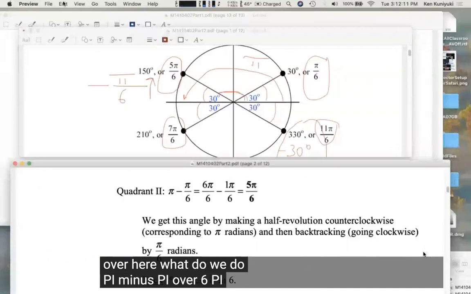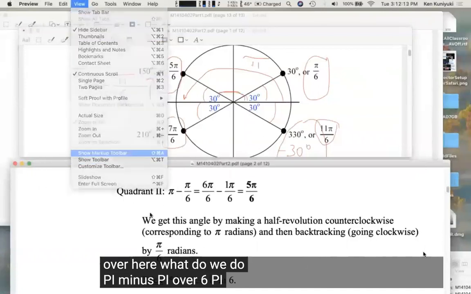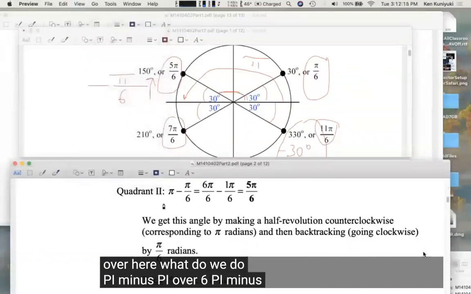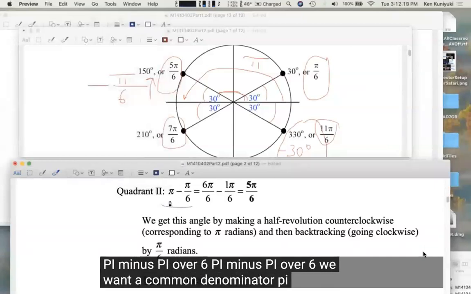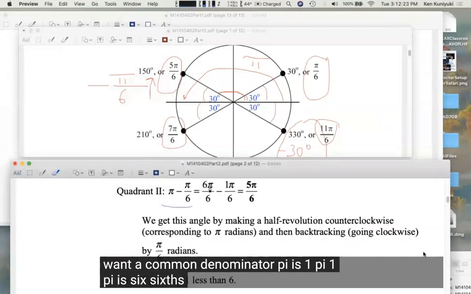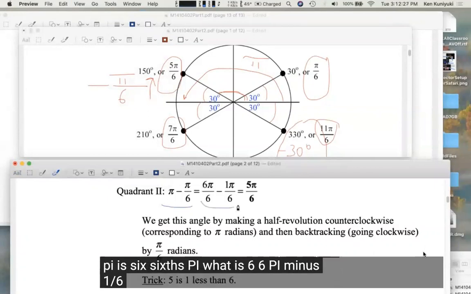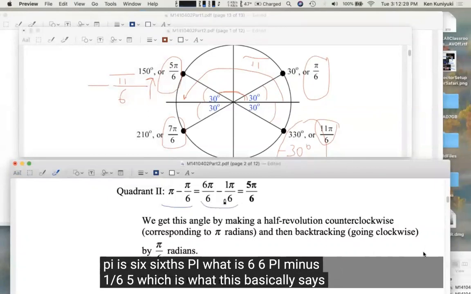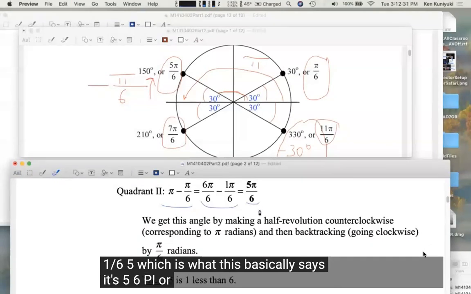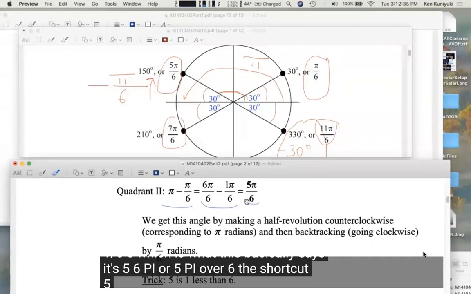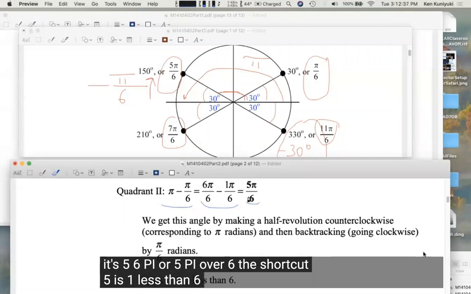Pi minus pi over 6. We want a common denominator. Pi is 1 pi. 1 pi is 6/6 pi. What is 6/6 pi minus 1/6 pi, which is what this basically says? It's 5/6 pi, or 5 pi over 6. The shortcut? 5 is 1 less than 6, because it follows this algebra.